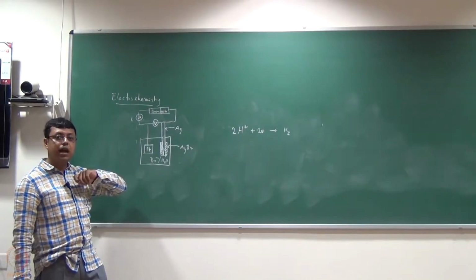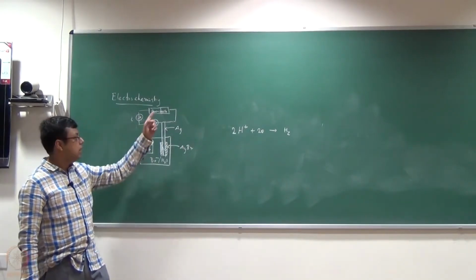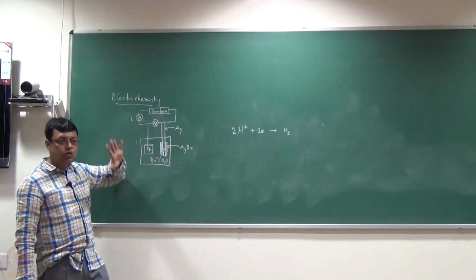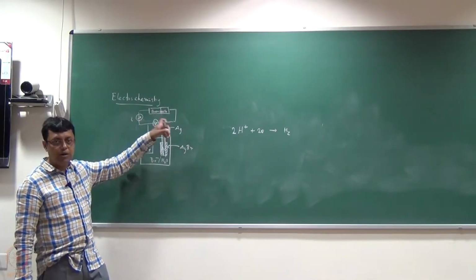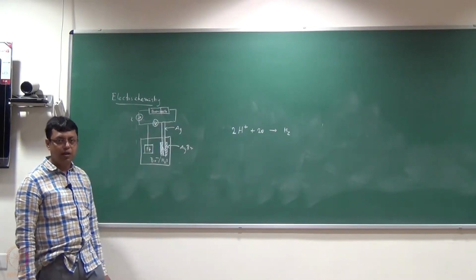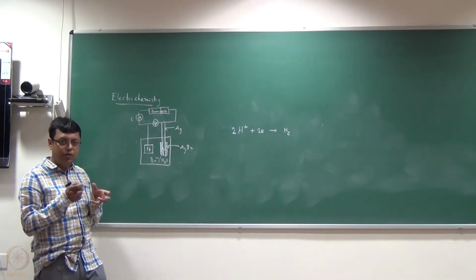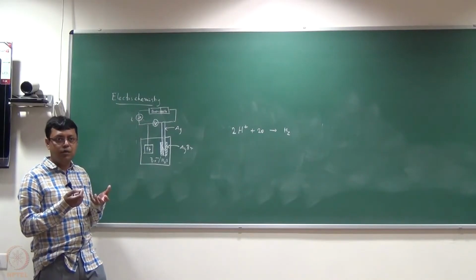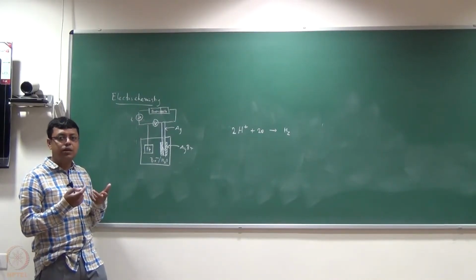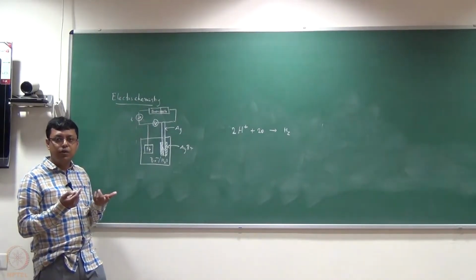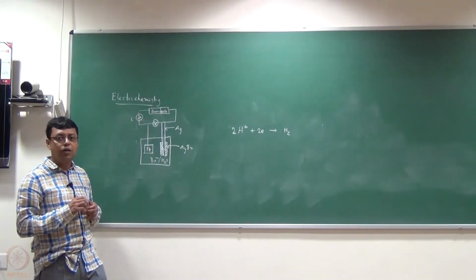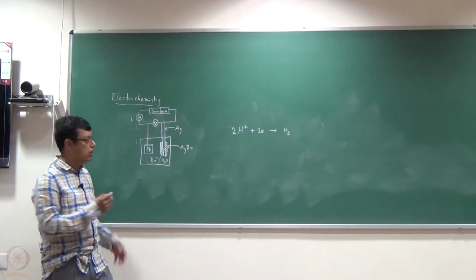So I might actually have to apply some voltage to stop that current. So that voltage which is required to get a zero current is called zero current voltage, or zero current potential, or more commonly open circuit voltage.